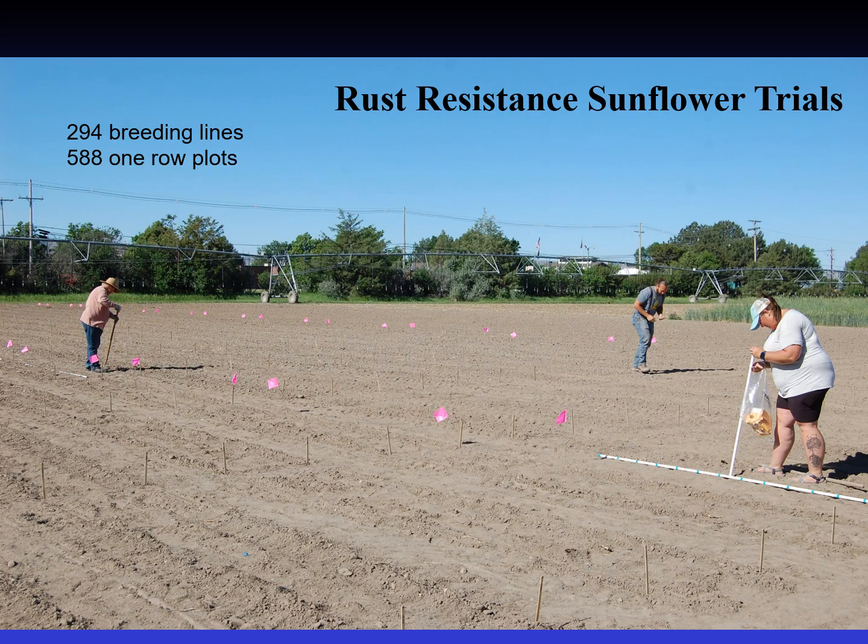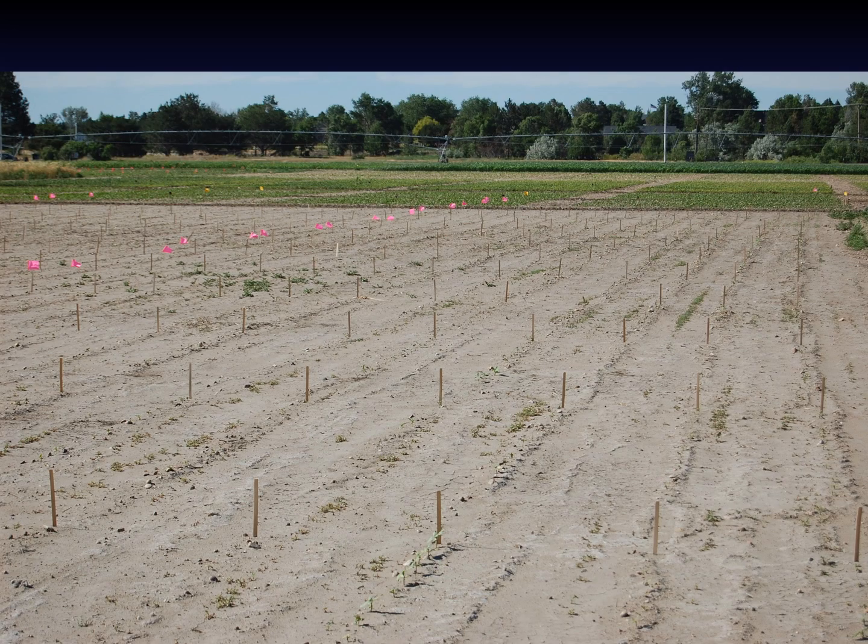Here's after a couple of weeks. If you look down in here, there are some of these that emerged really well, and others that did not. But this was several weeks after we planted.